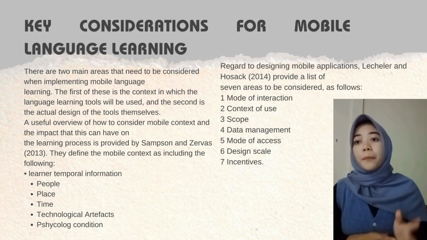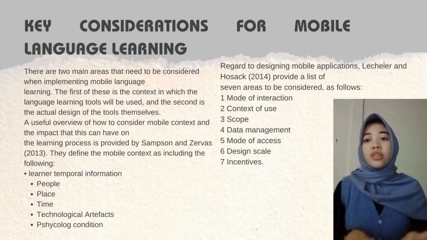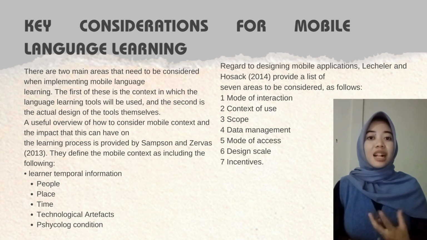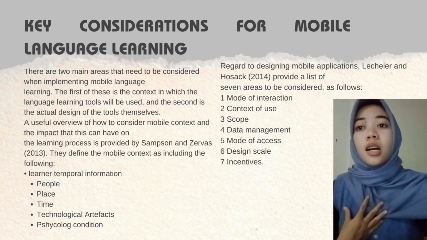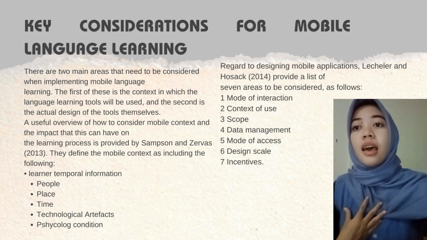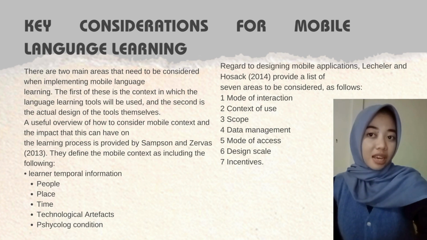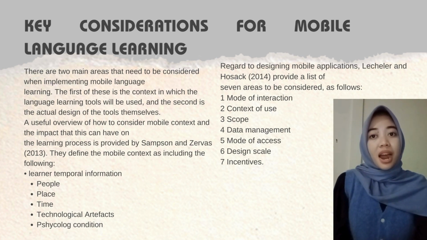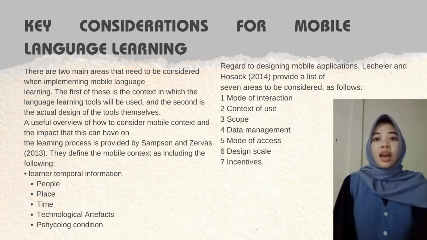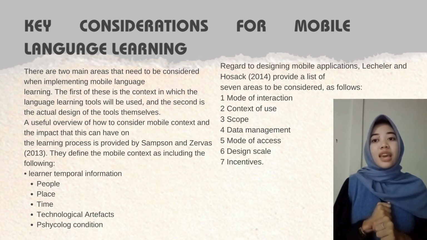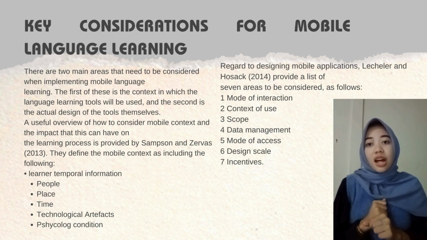And the third is place, including the current location, private and public space, culture, background, and learning setting. And the fourth, technological artifacts, the mobile device itself, and non-technological artifacts, or books and other tools that can be used to help learning.